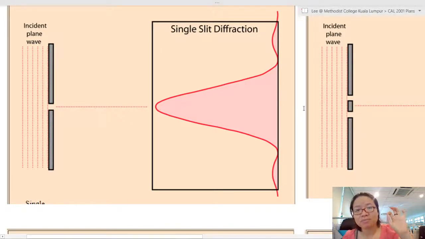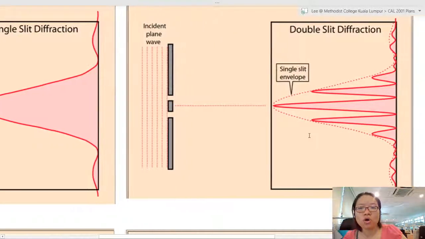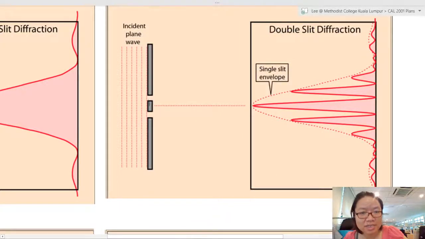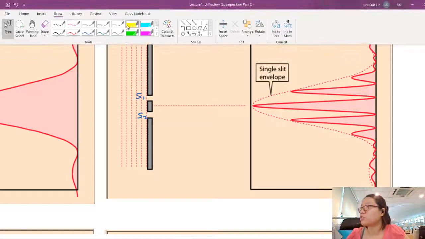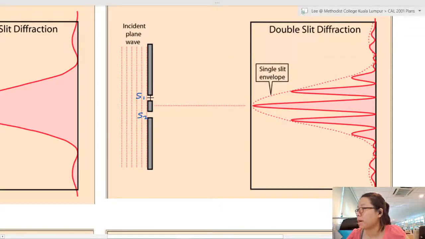Okay, so last time we simplified it and told you, oh, it's a double slit. Because this is a double slit, there's one wave source here. Let me label them for you. I'm going to call this S1, and there's another wave source here, S2. Whenever S1 and S2 reach the screen, they will have different path length.